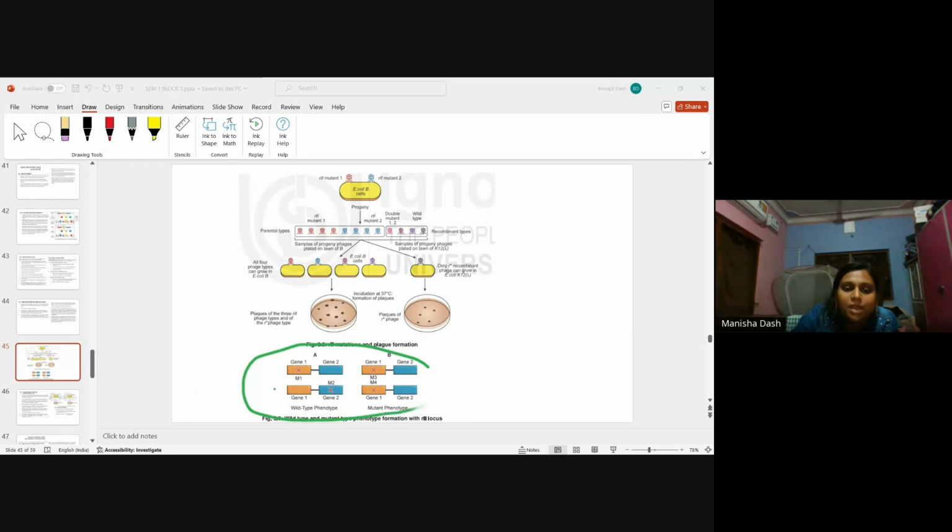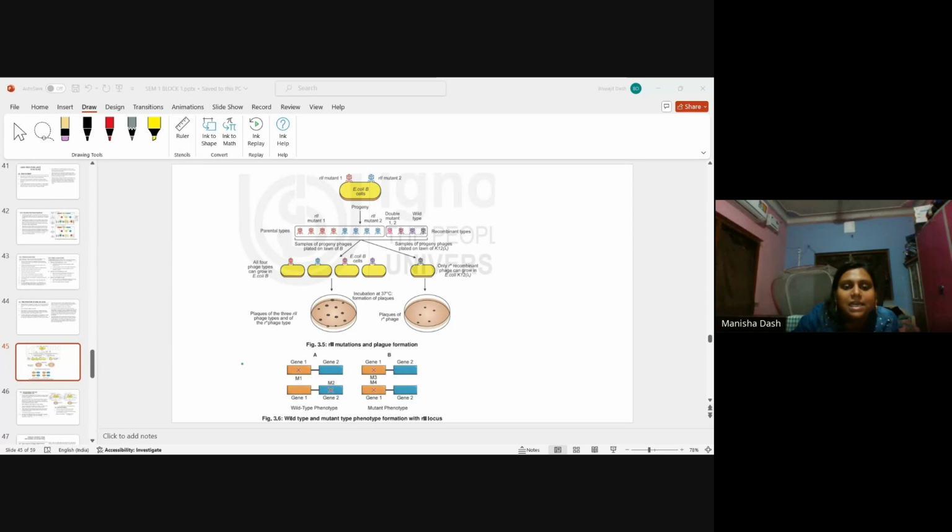Okay, so if the mutations were located on the same gene like this, gene 1 is mutated in both cases, that means gene 1 is completely non-functional.